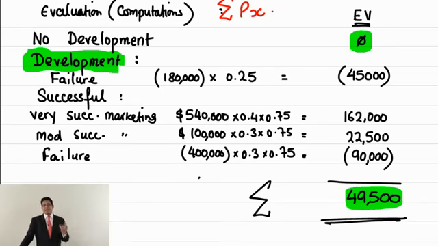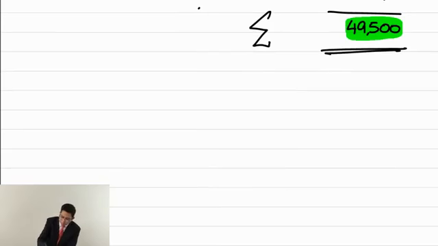This only tells us some expectation that a profit may occur if we develop the product. Actual profits will remain the same, 540,000 or 100,000 or minus 400,000, whatever the outcome, but it is an indication that there are greater hopes as compared to the lower risks. Hopes are more than the risks in this scenario. And based upon the higher expected value, we should develop the product.